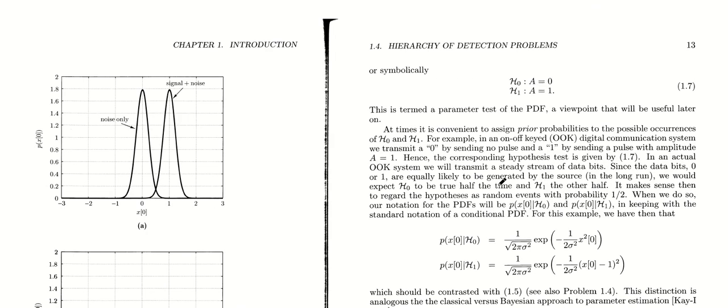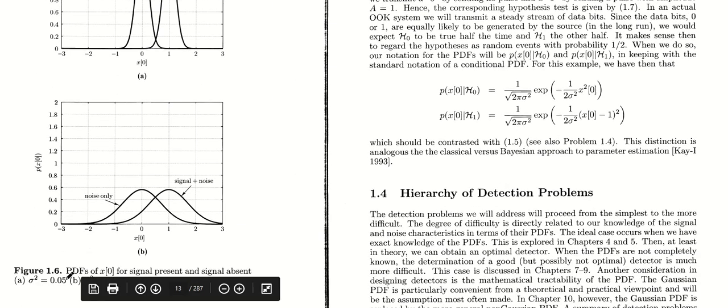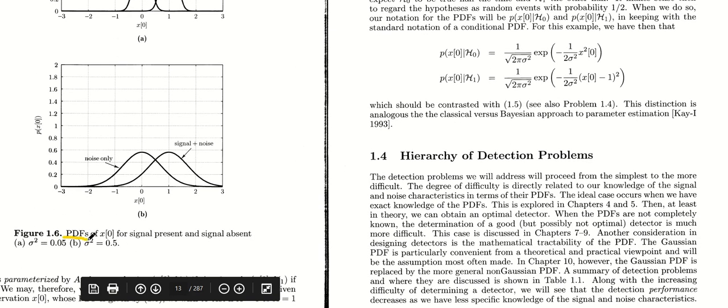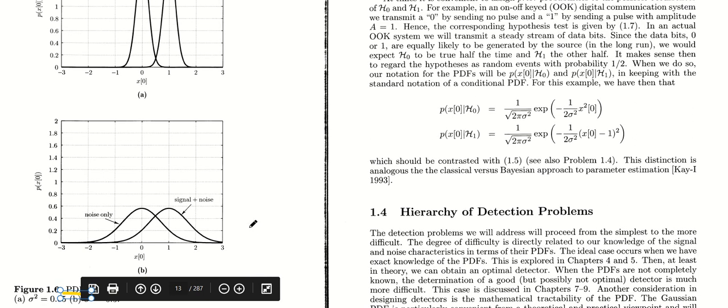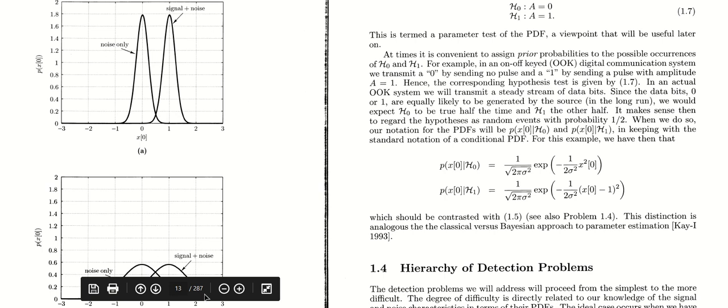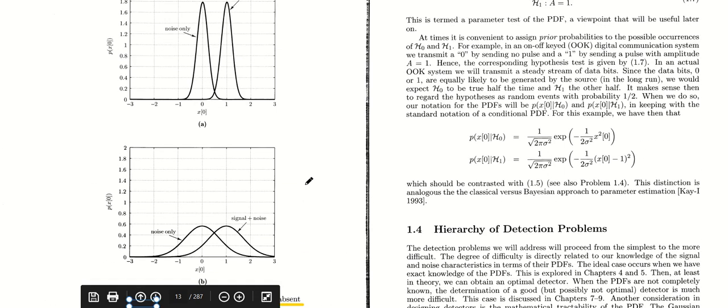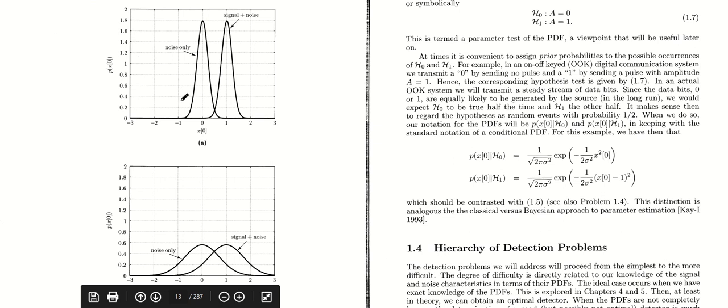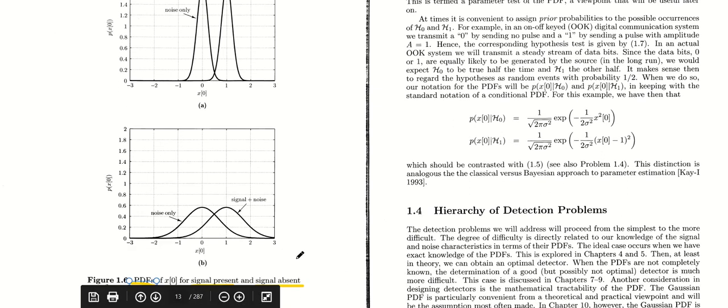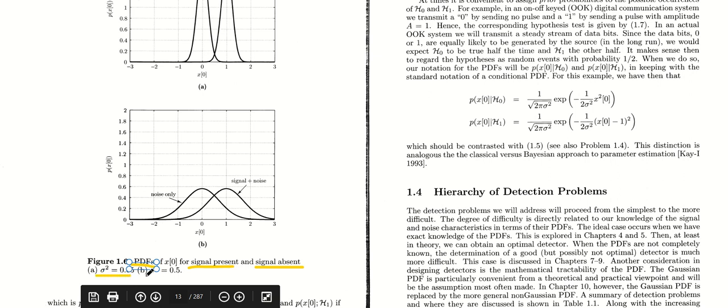Okay, so let's see the PDF from the perspective of signal present and signal absent. This is the noise only, distributed this way, and then this is signal plus noise, with a different variance. You see that it's distributed very differently in this case.